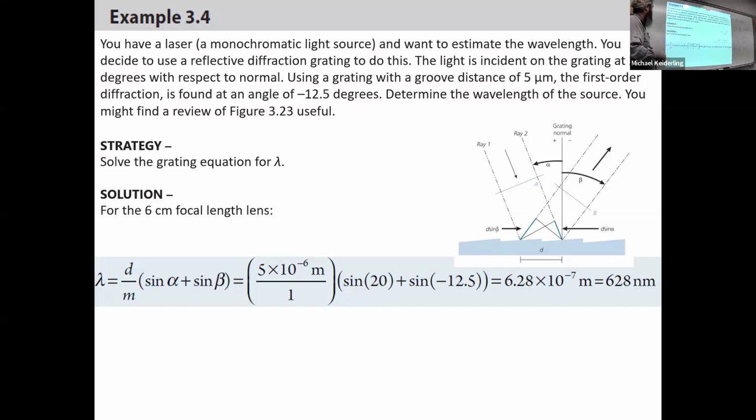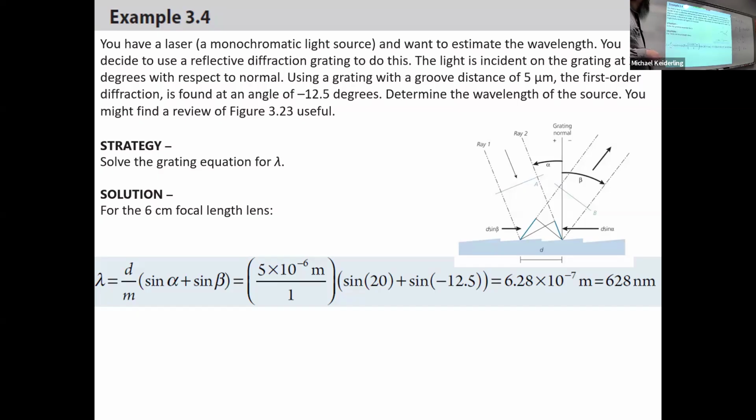So the formula is that the wavelength is d over m.